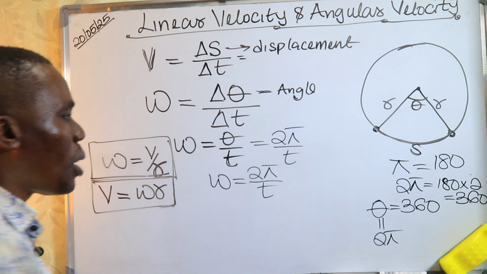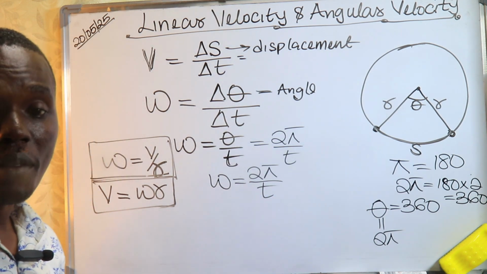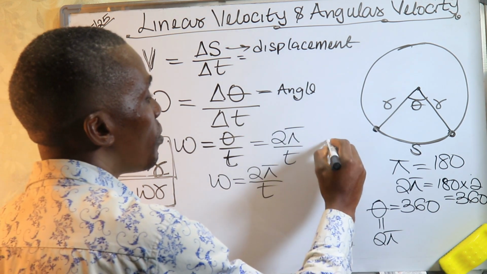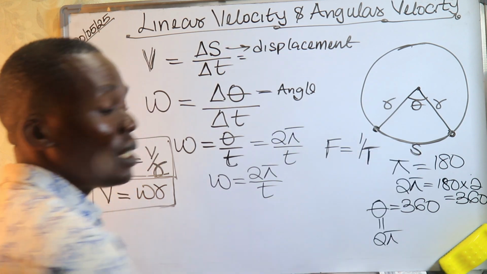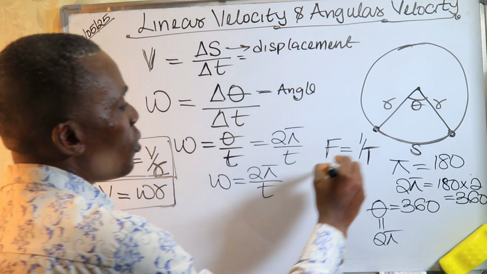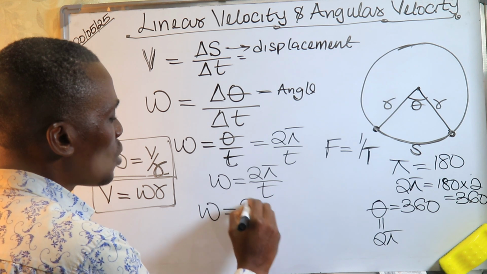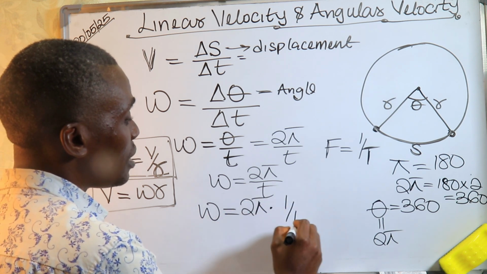Now see another one that will shock you. Remember, for waves, the frequency always equals 1 divided by the period t. That is the time. Now if 1 divided by t, if I break this thing, this one will give me 2 pi times 1 divided by t.